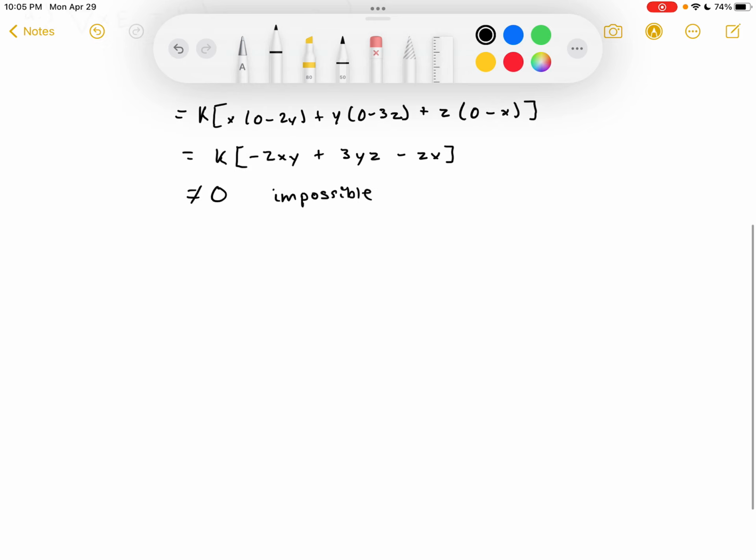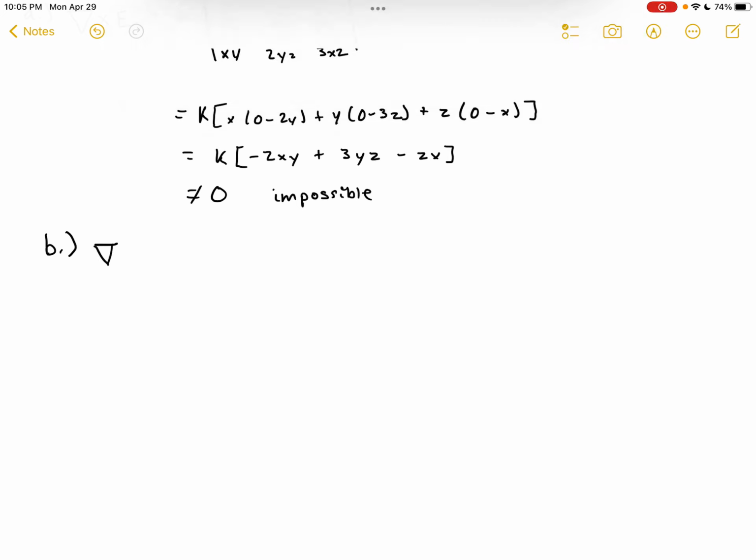Now we do the same thing for our second equation. So we want to take the curl. For this equation, we have K, x, y, z, derivative with respect to x, derivative with respect to y, derivative with respect to z. Now the elements: y squared, 2xy plus z squared, and 2yz.